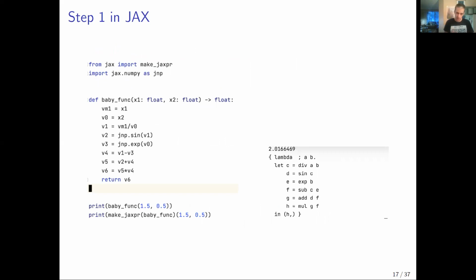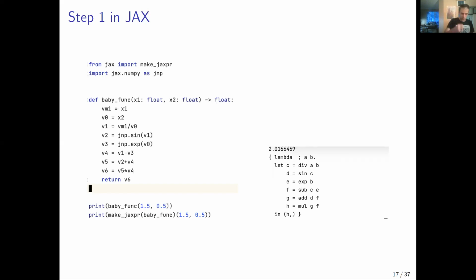Now, furthermore, I thought it would be interesting to look at this same example using a modern automatic differentiation framework. So I chose to use JAX, which is a popular research AD framework.